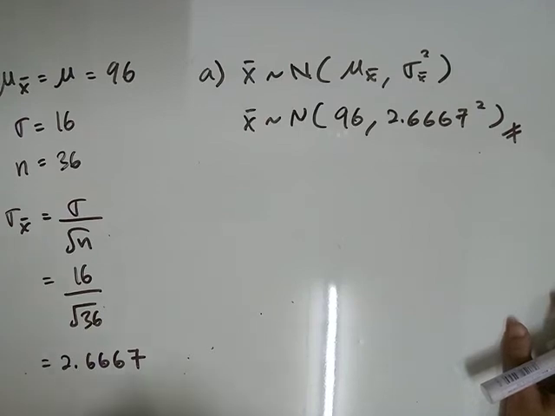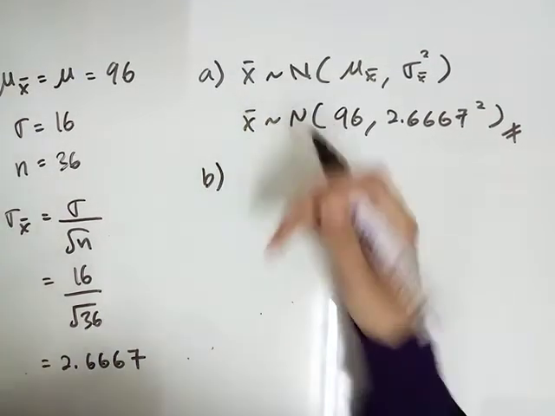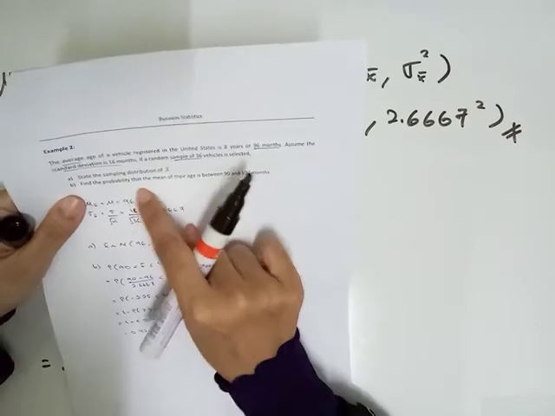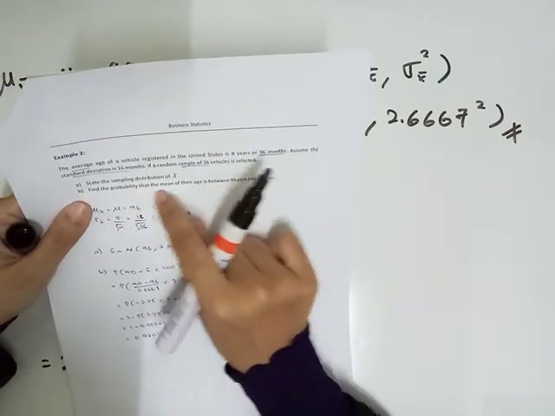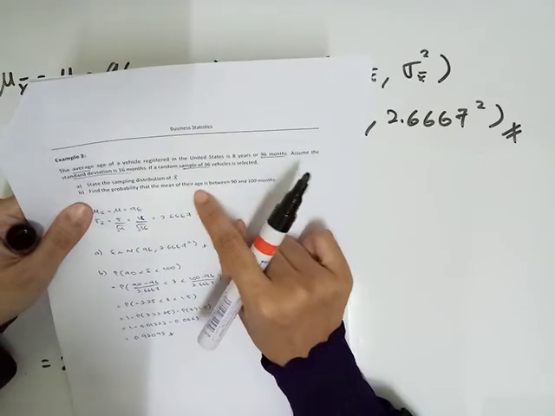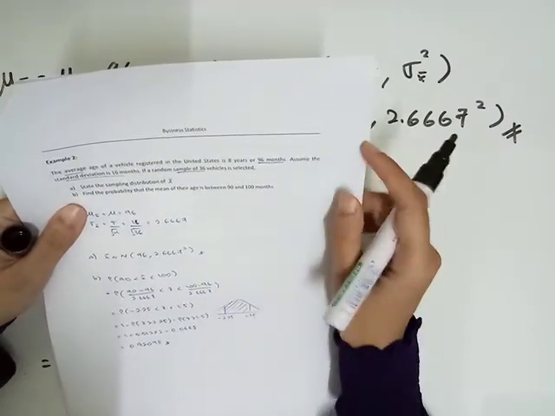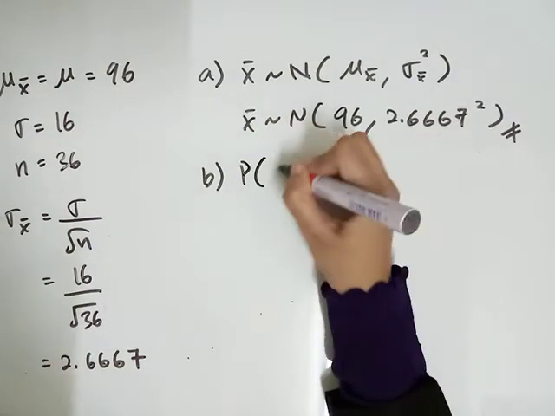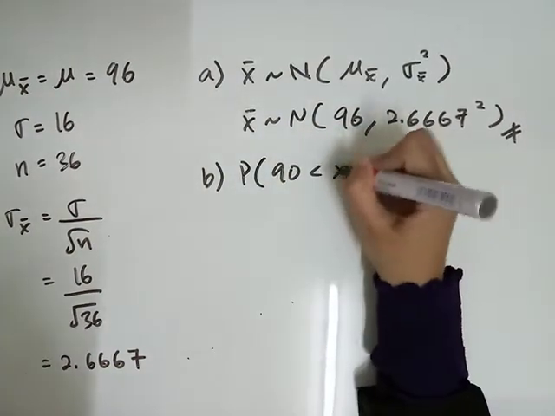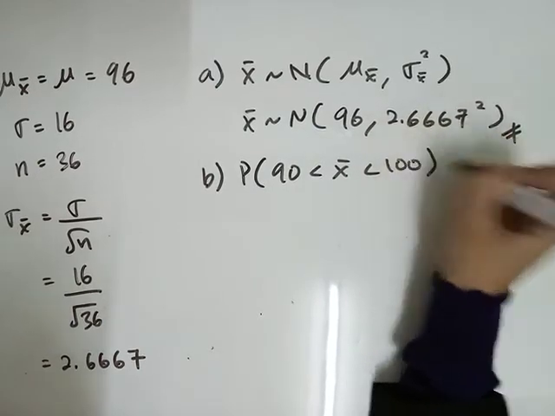Okay. Then for B, we need to find the probability that the mean, so that is keyword, sampling distribution. Okay, find the probability that the mean of their age is between 90 and 100 months.